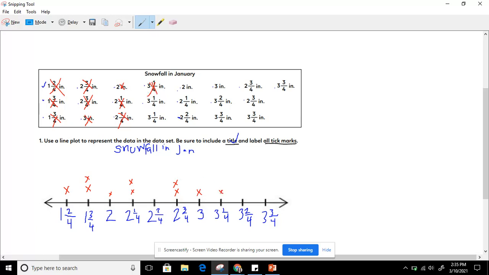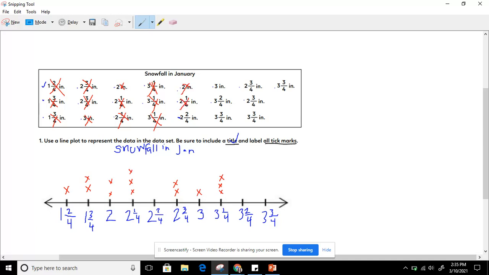And I like to cross them out as we go so I know that we have them. 3 1/4 again. 3 1/4 again. 2. 2 1/4.